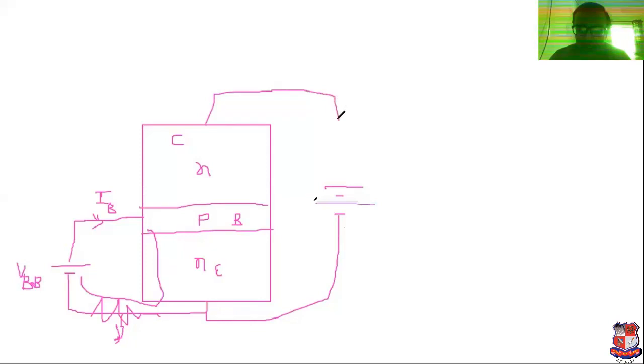See this, I have sketched the resistor here, which is known as the RC resistor, and here VCC. I have written it with clear words: it is known as VCC.